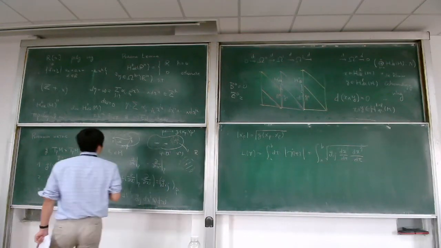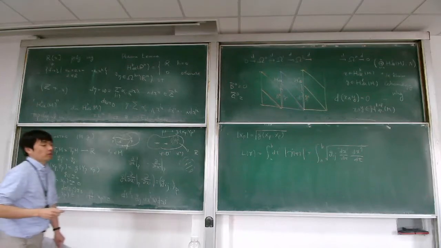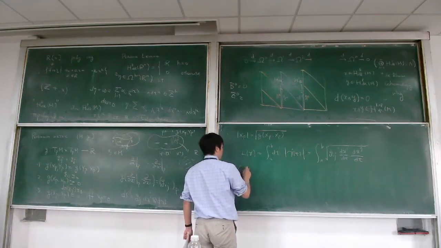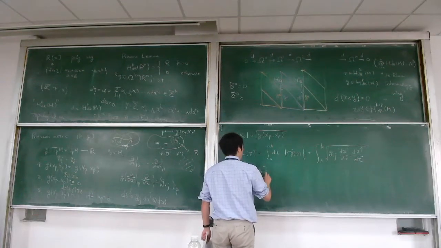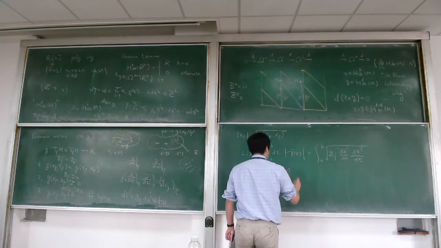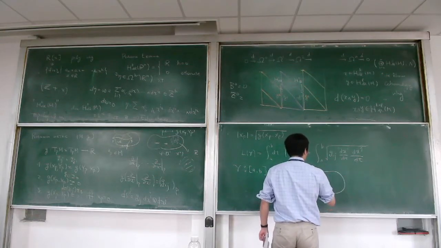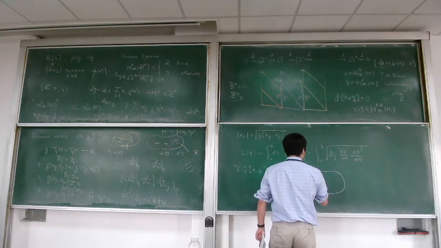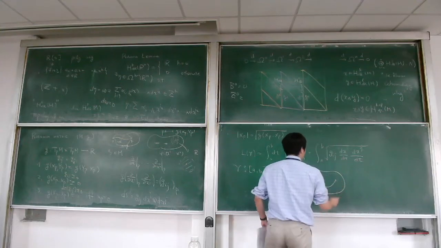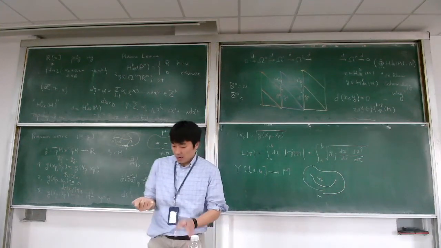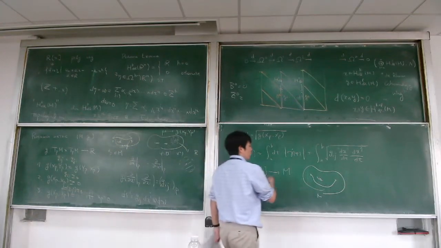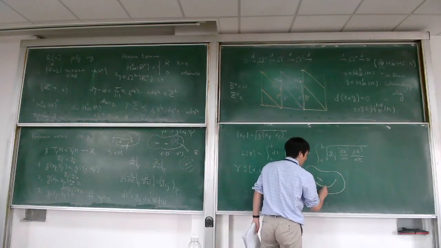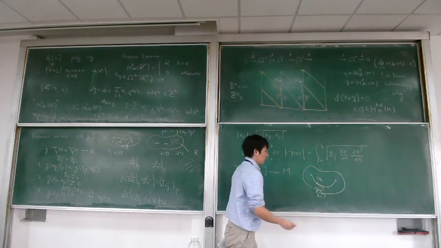So essentially gamma is a map from an interval A to B inside R to the manifold M. Literally you have the manifold M and you map points gamma. At each point t one can assign a vector, which is gamma dot, the tangent vector.